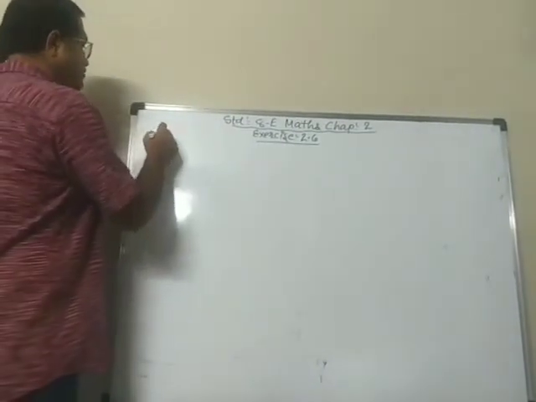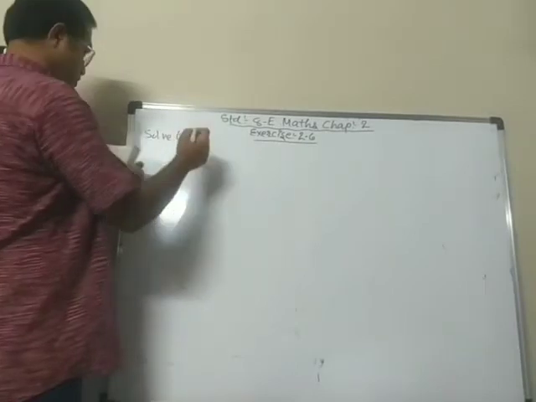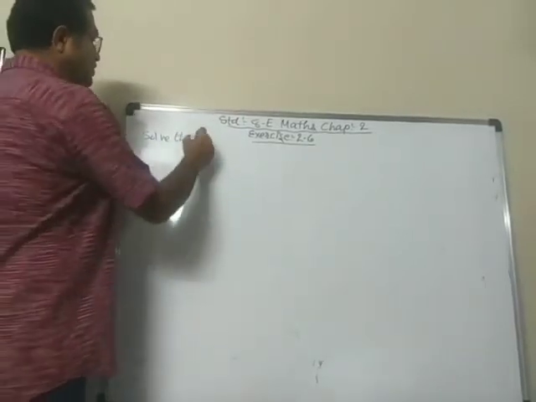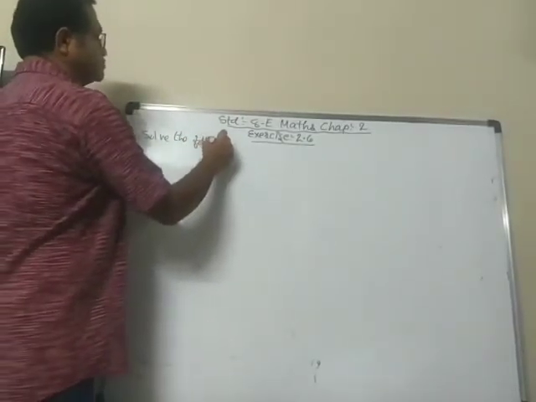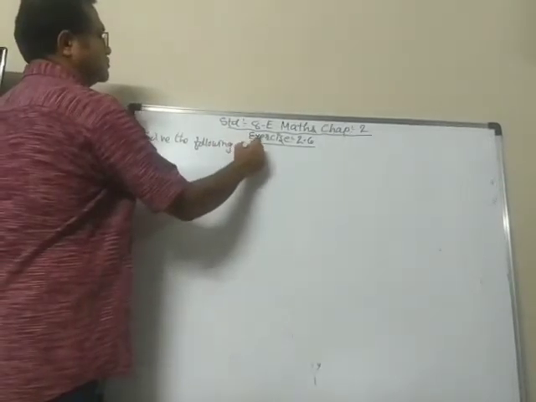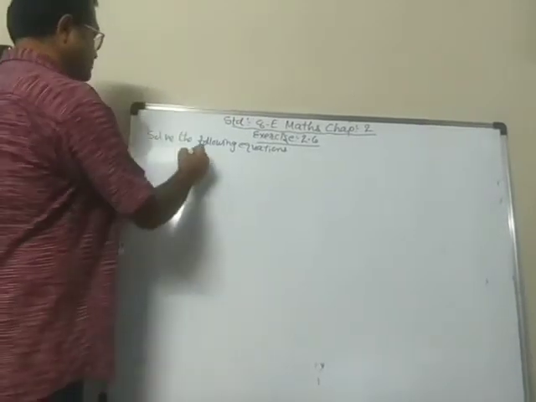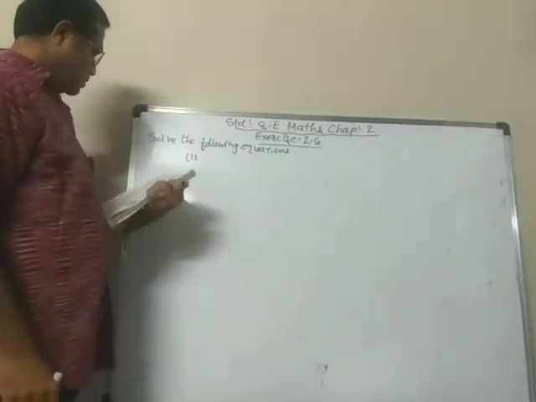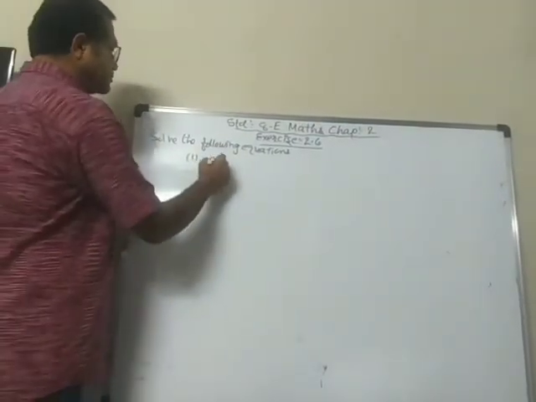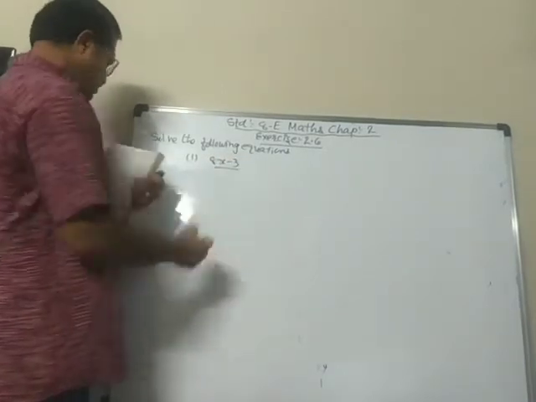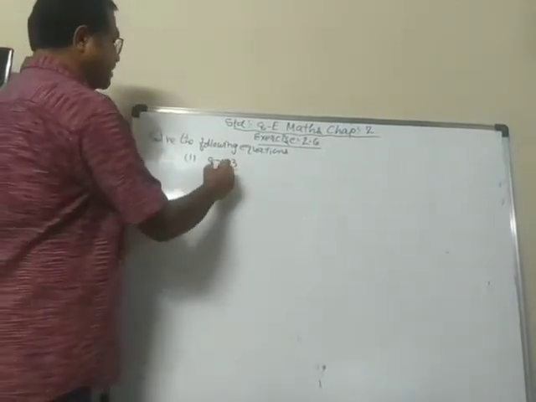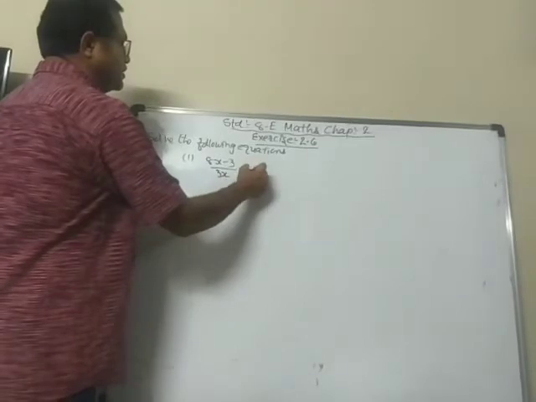So solve the following equations. First one, 8x minus 3 upon 3x is equal to 2.